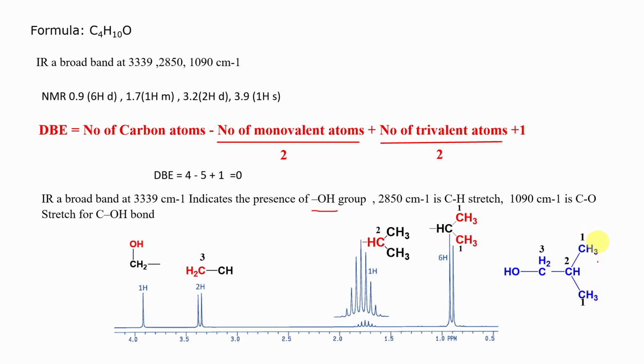The equivalent CH3 groups give a doublet, the CH group gives a multiplet, and the CH2 group gives a doublet by interacting with the CH group. The OH gives a singlet around 3.9 ppm. So the molecule is 2-methylpropanol.